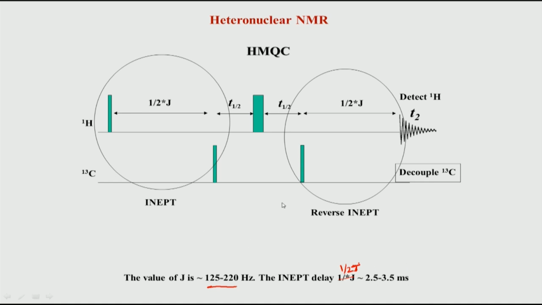Again, from a practical point of view, if you want to achieve a 100% transfer, one has to keep the values in this range. And now let us analyze mathematically how the FID will be captured.